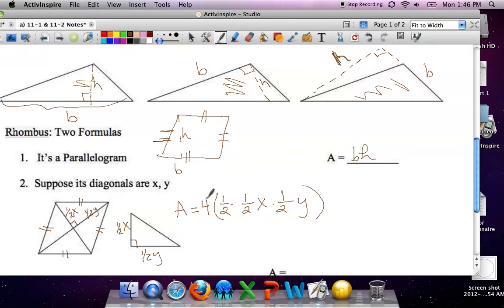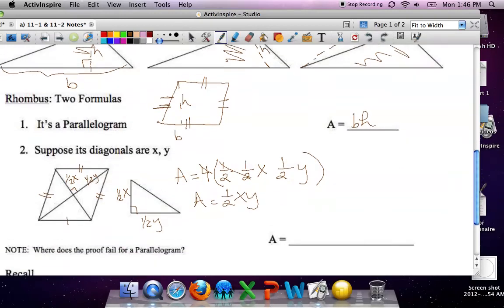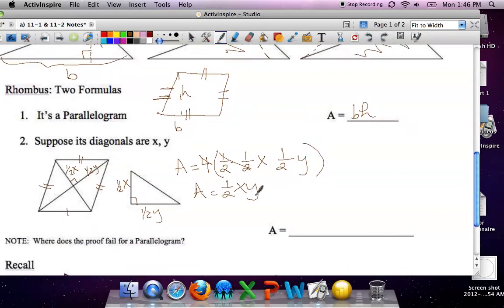So, combining like terms, 4 times 1/4 is just 1. So the area formula comes out to be 1/2 x times y. So another way that you can think about the area of a rhombus is 1/2 the product of its diagonals.